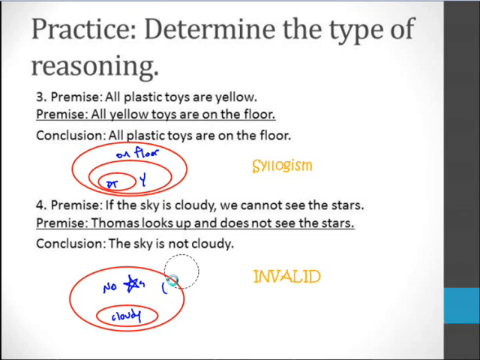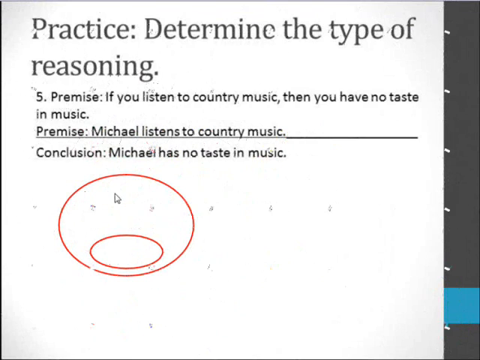He can't see the stars, but we don't know if that's cloudy or because he's inside, or because he's sleeping, or because whatever. Either way, I'm not sure where to put him, and when I can put him in more than one place, that makes it invalid reasoning. All right, let's take a look at another one. Pause the video here, try this one, and then we'll go over it.